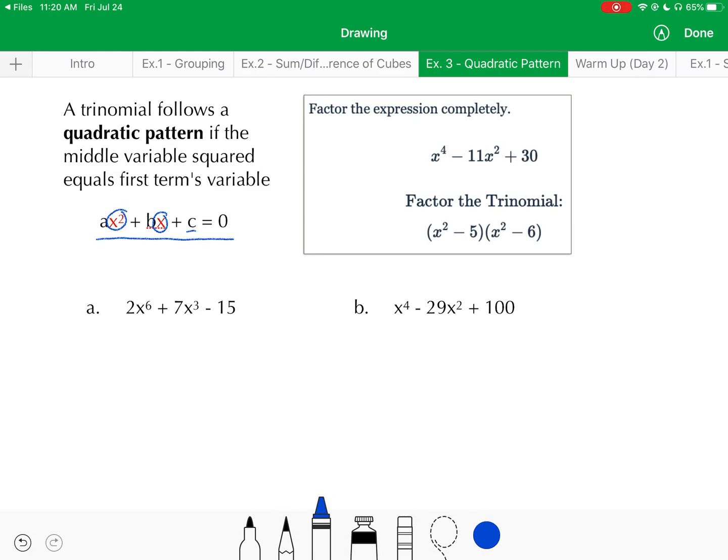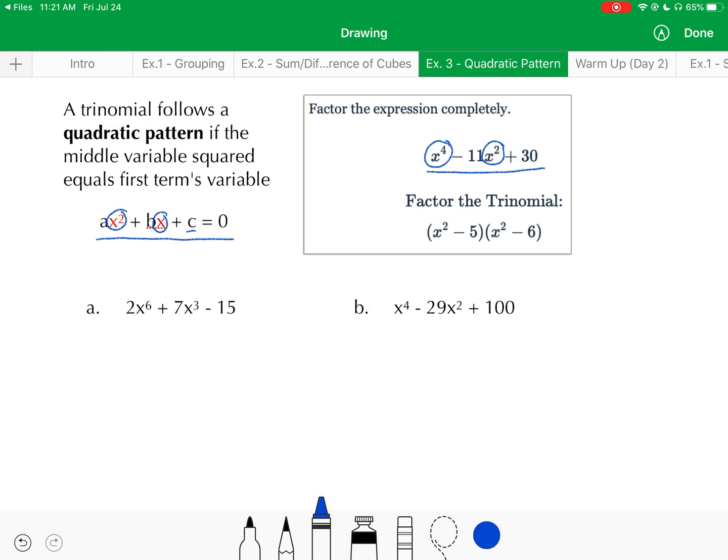So notice the example in the box here. X to the 4th minus 11x squared plus 30. That trinomial follows a quadratic pattern because you have a constant of 30, and then if I take that middle variable of x squared and I square it, I end up with x to the 4th, okay? So that means that if this is factorable, I can take a very similar approach on how I factor a regular quadratic trinomial, okay?